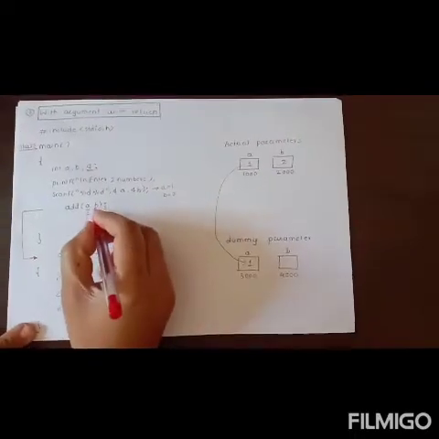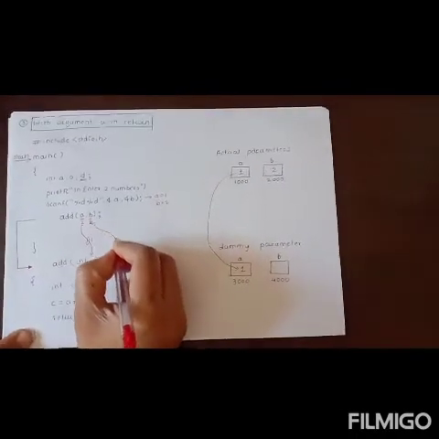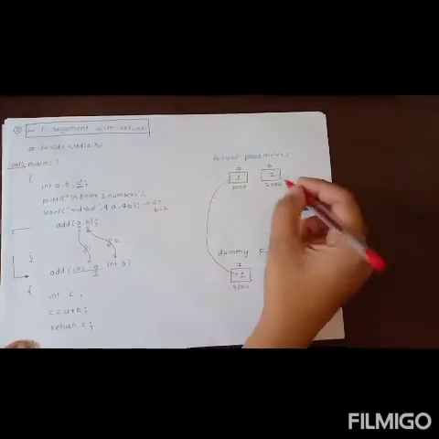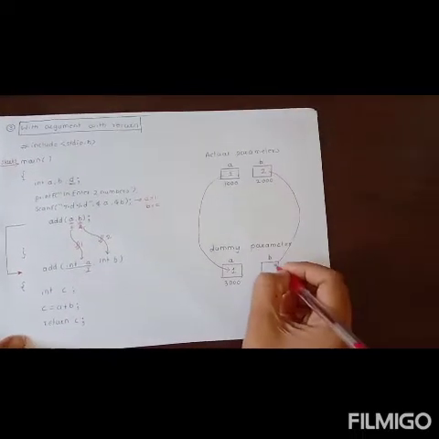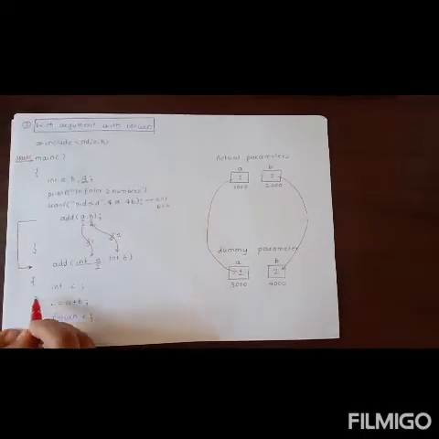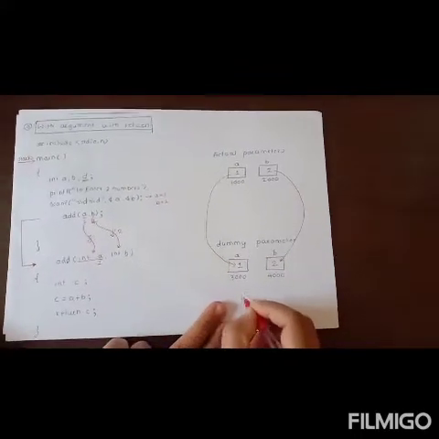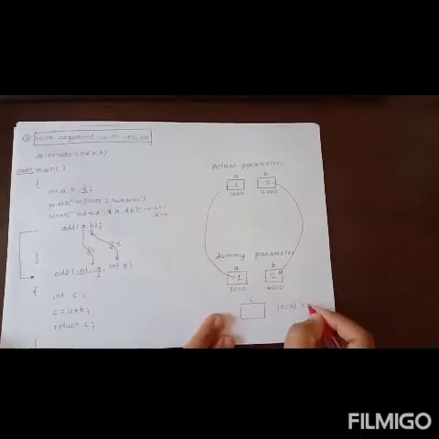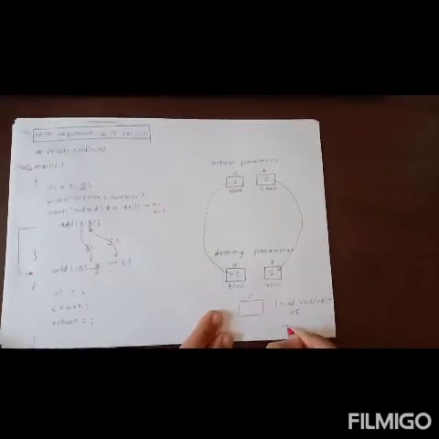Similarly, the actual parameter value b is 2, and this is received by integer b. We'll draw this. Now this would be your 2. Now here we declare one local variable c. So now this c is a local variable of the add function.